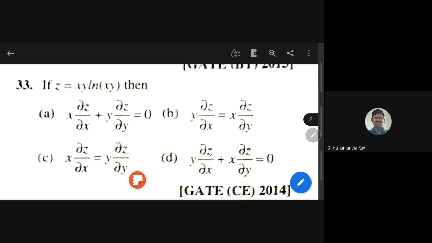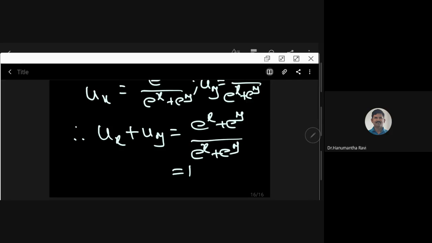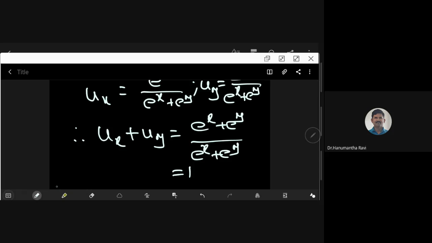Good. This is xy log xy. Xy log xy we want. Another problem. So we have z is equal to xy log xy.